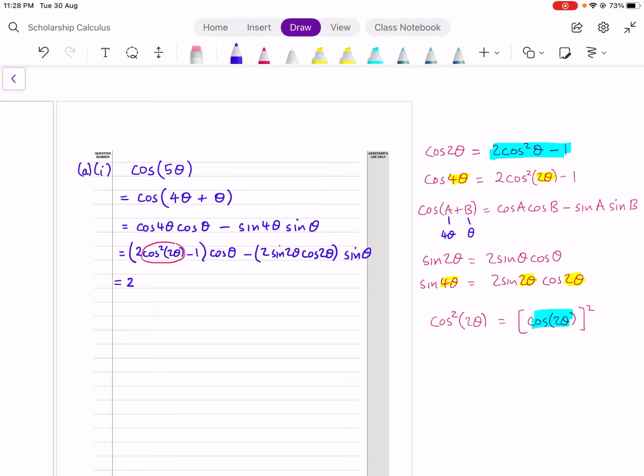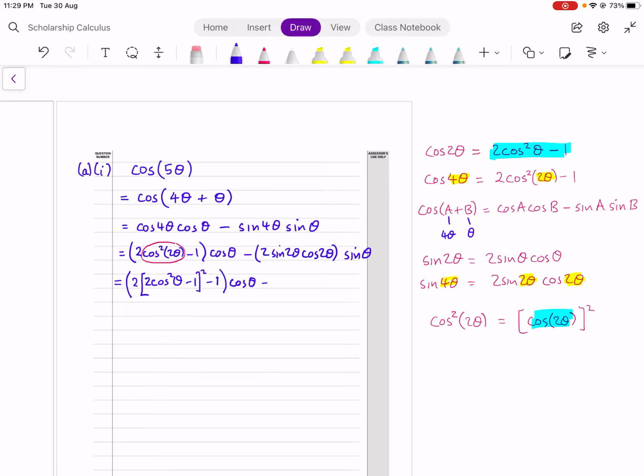So that goes in, and I need to square it. I've got minus 1. It's really easy here to make mistakes. What am I doing with brackets? That's the cos 2 theta thing all squared. There's a 2 in the front of it, minus 1 after it. I was right, I just looked wrong. All times by cos theta.